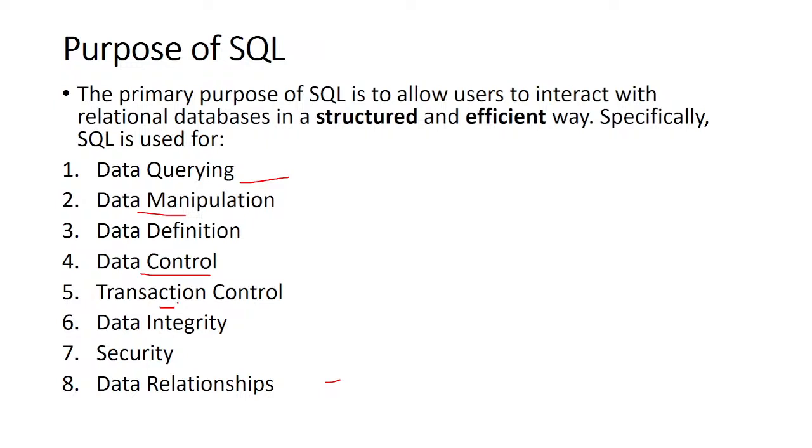Another, the sixth point, is data integrity. Data integrity means SQL allows you to enforce constraints like primary key, foreign key, unique, and check to maintain integrity and relations between the tables. These constraints ensure that the data adheres to defined rules, such as preventing duplicate records and maintaining referential integrity between the tables. Another, the seventh point, is security.